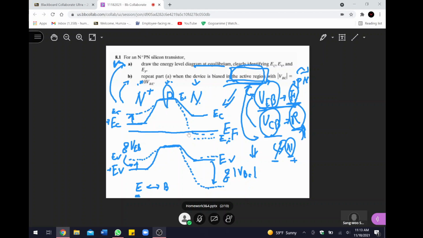So this is a P and this is N. Yeah, the P is the base in this scenario. So that is the forward bias. This one means that the P side is more positive than the emitter side. Okay, makes sense. Thank you.